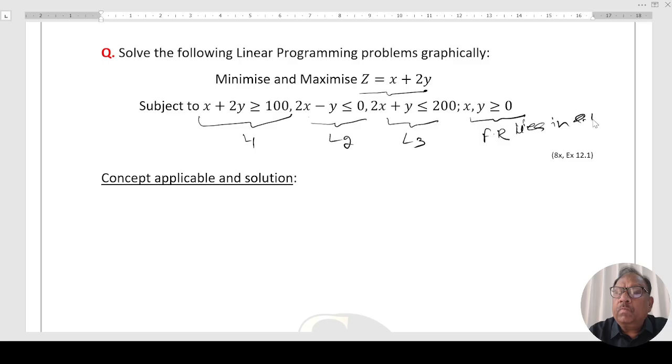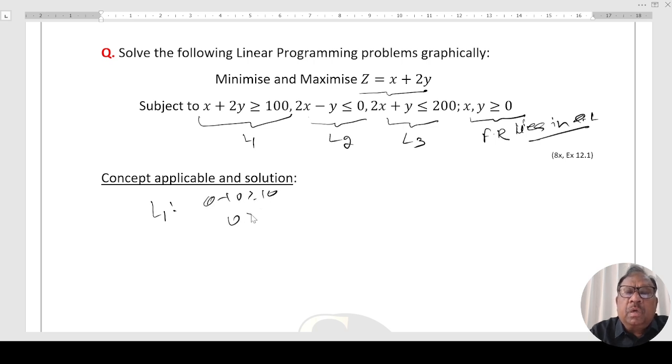in quadrant 1. In this case, if we put 0, 0, in earlier question I have discussed in detail. मैथमेटिकल लिखने का तरीका मैंने ऊपर बता ही दिया. तो 0, 0 पुट किया लाइन L1 के लिए, 0 plus 0 greater than equal to 100.